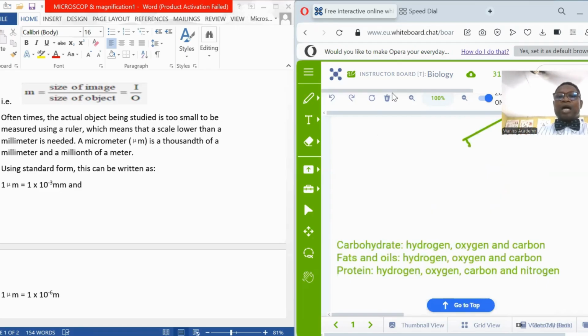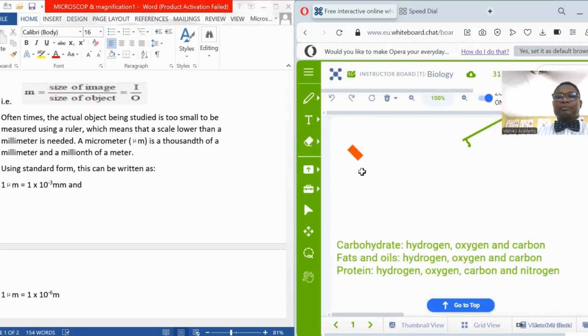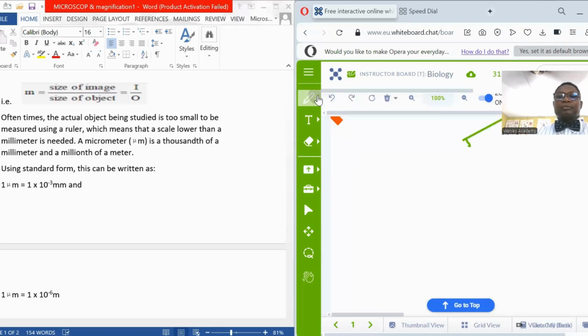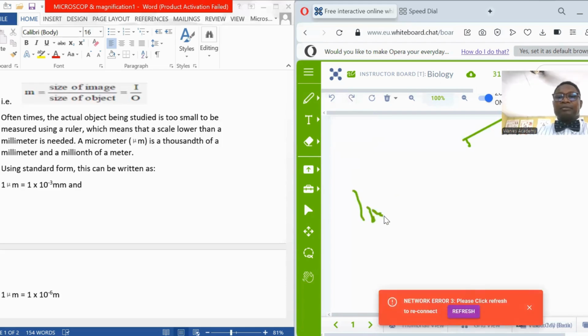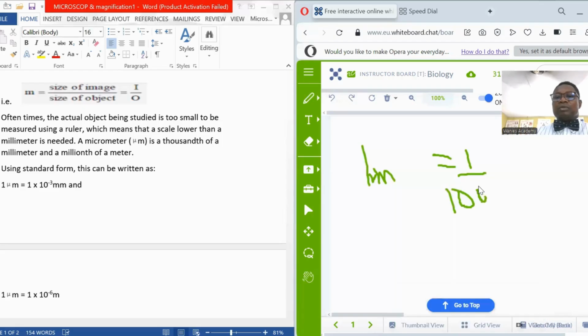In other words, it can also be further written as 1 micrometer will give us 1 over 1 million meters. 1 million is 6 zeros.